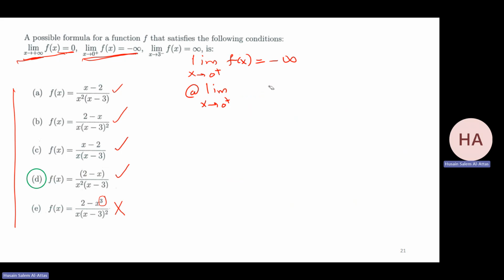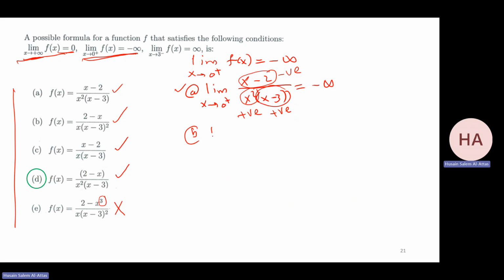For A, let me write the function: x minus 2 over x squared times x minus 3. I know it's an infinity category because if we substitute, you have non-zero over 0. Now I want to check positive or negative. 0 plus, this will be negative. This is x squared, so it will be for sure positive. And this one, negative. So the answer is -infinity. So this is okay.